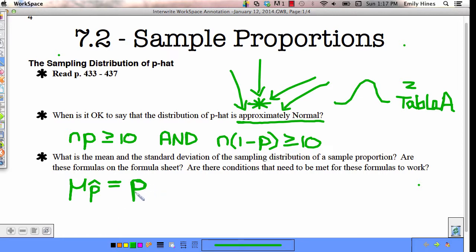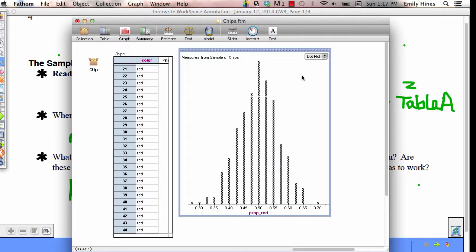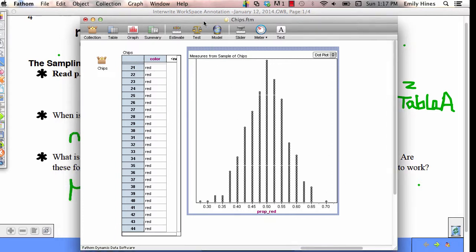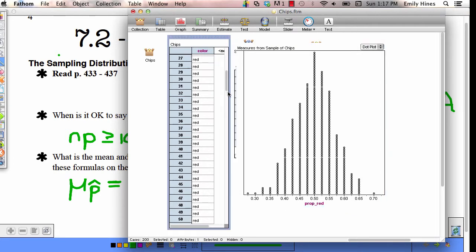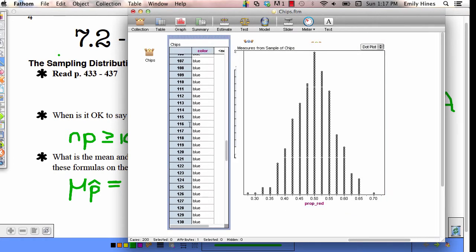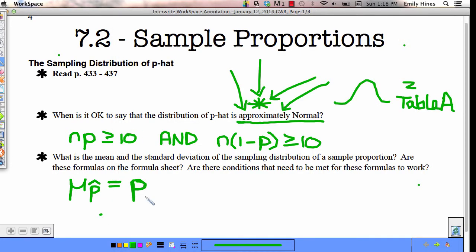If I know the proportion, I can use it to find the mean, because the population proportion is the mean of the sampling distribution. You can see that here. Even though it's not a sampling distribution, our mean would be 0.5, which is the actual proportion of red chips in my population. So whatever your true population proportion is, that is the mean of your sampling distribution for p-hat.